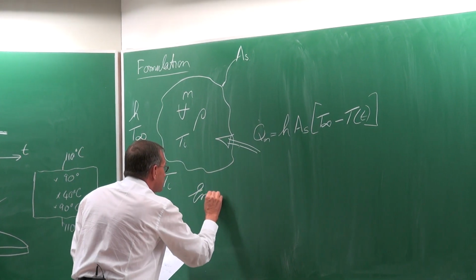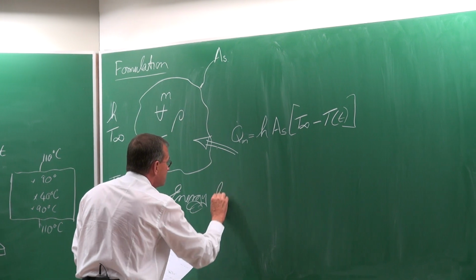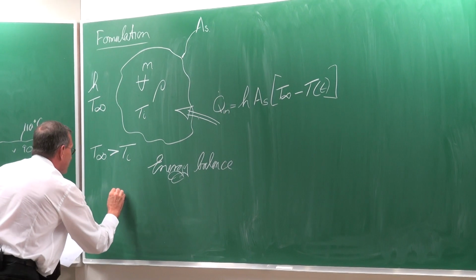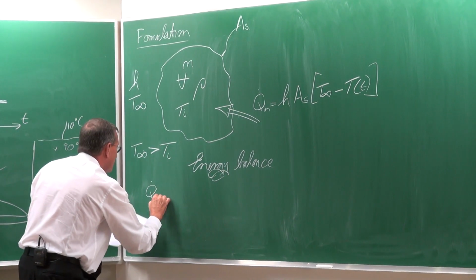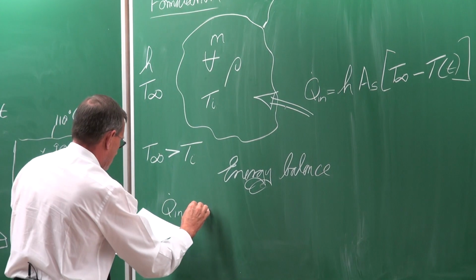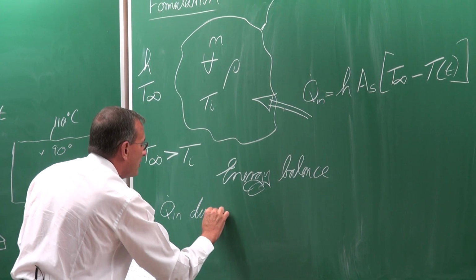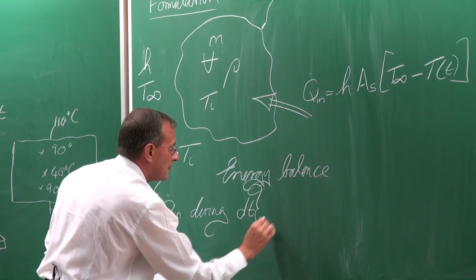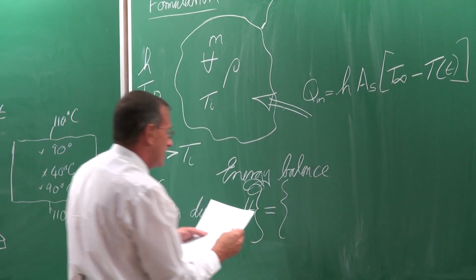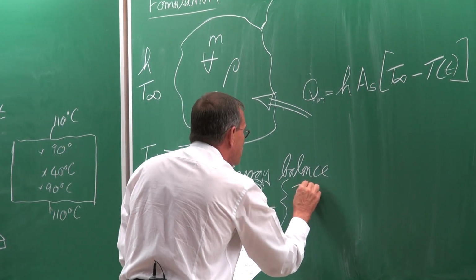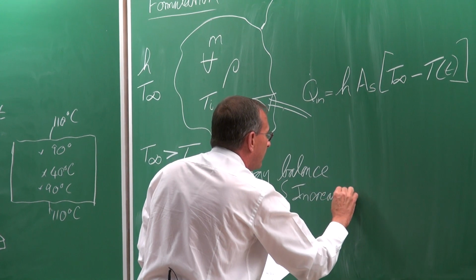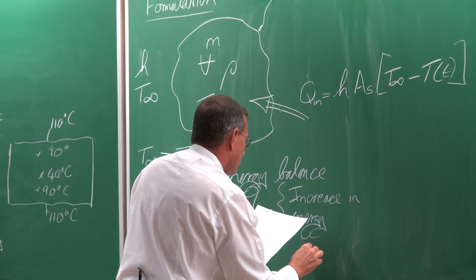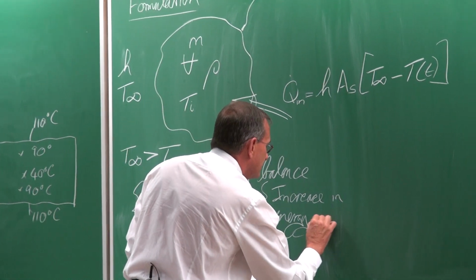And what we're going to do is take an energy balance by saying the heat transfer rate into the body during a period dt is going to be the same as the increase in energy of the body during dt.